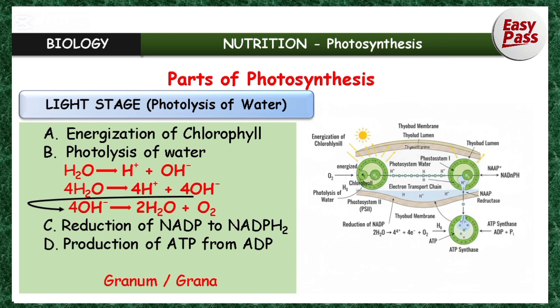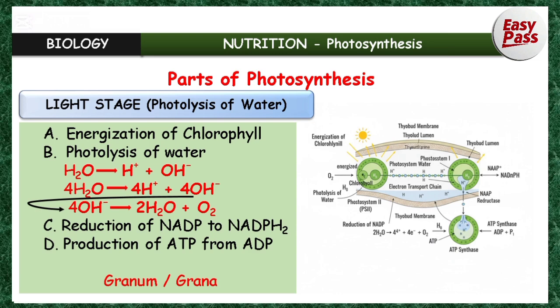I want to say this again. We shouldn't forget that photolysis is actually taking place in the presence of light, and also the part of the chloroplast involved in this photolysis is known as granum.